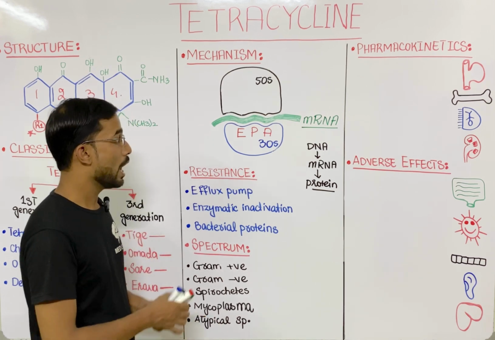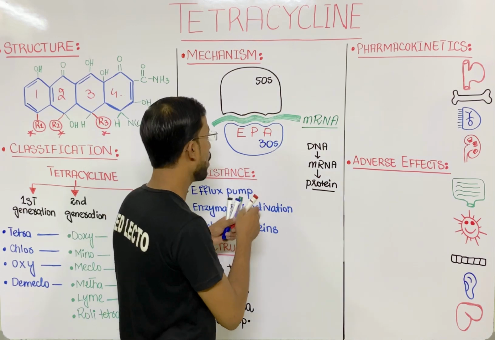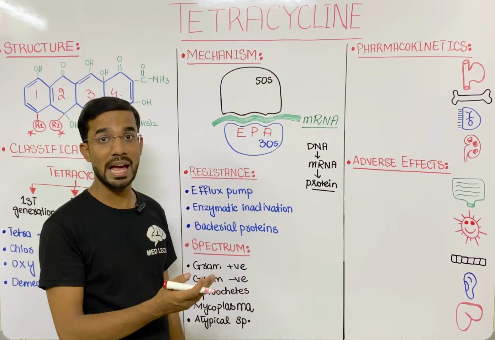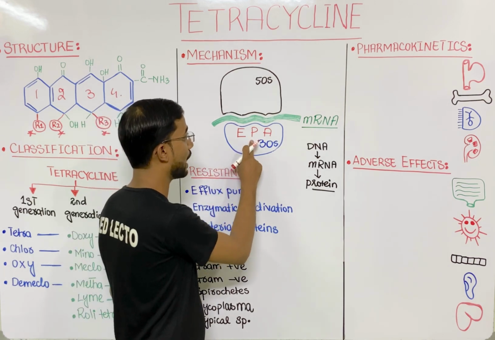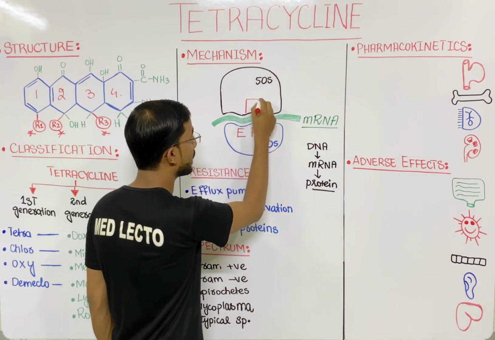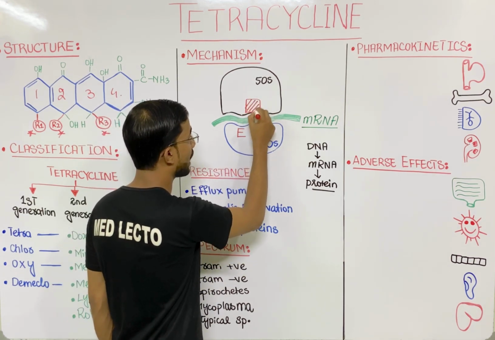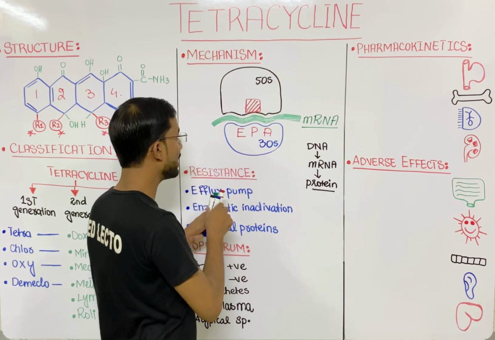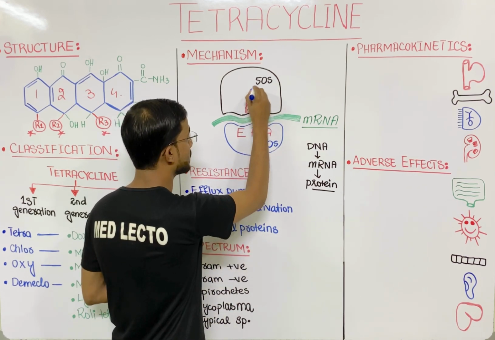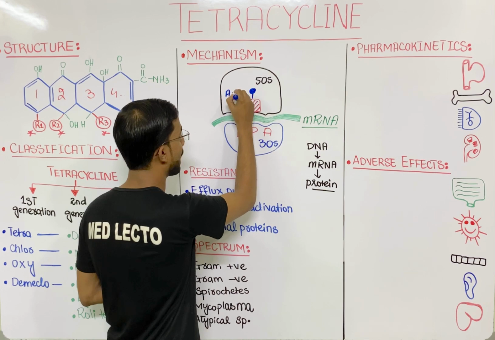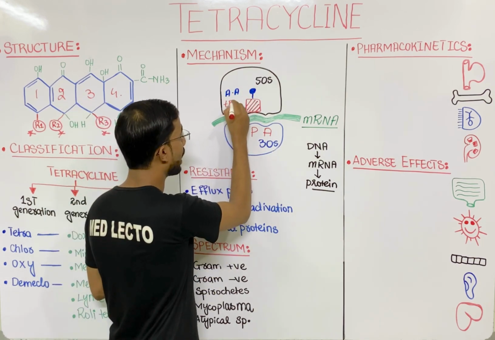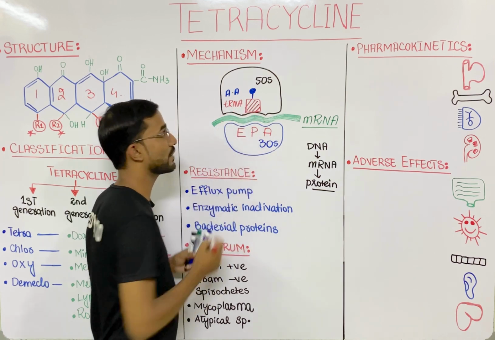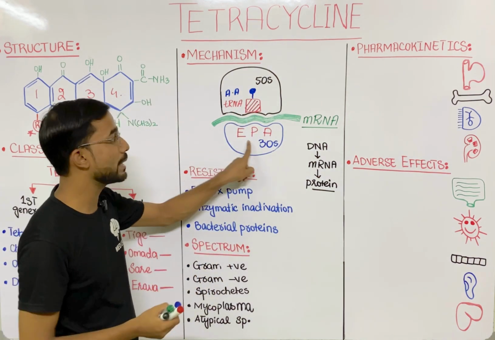First, the first transfer RNA having an amino acid will attach at the peptidyl site. If you see here, here is the transfer RNA, tRNA, having an amino acid. This amino acid is attached to the tRNA, and it first binds at the peptidyl site.